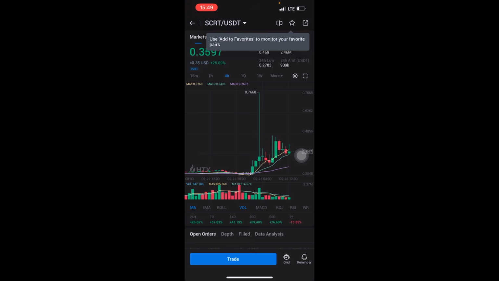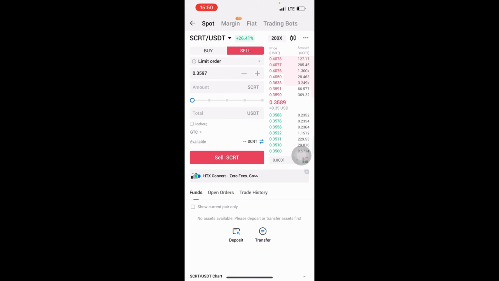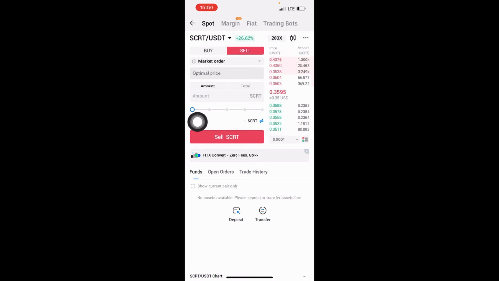So the bot gives you coins with huge market value, so that it will make your business cool. You see, yeah. So when you're trading, you can trade with a limit order, or you can choose a market order. The market order means you're ordering everything at the market price.